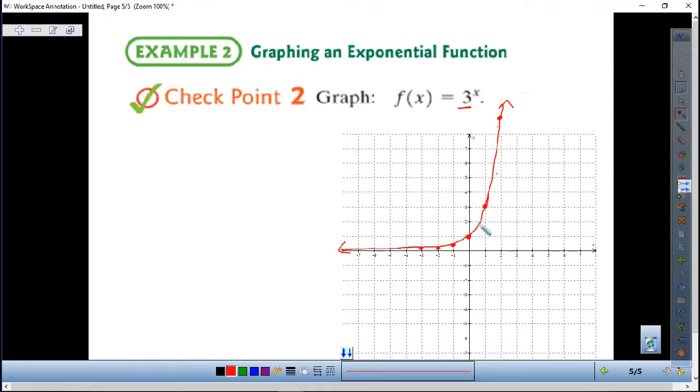And in the same way, over here on this side, and we didn't really talk about it on the 2 to the x, but as you go over here, the larger this base is, what do we notice? The faster we're actually going down, because here we've got 1/3, here we've got 1/9, here we have 1/27, and I couldn't even estimate how far down that would have been.